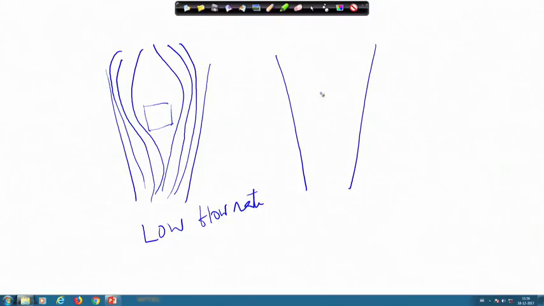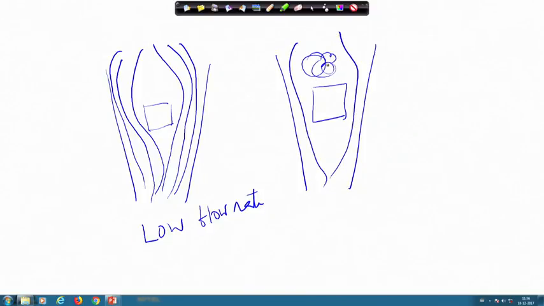If you have high flow rate, you will have some turbulence here. So, this is for high flow rate. So, this viscous force is different here and here, because different kind of turbulence is present in the two cases.